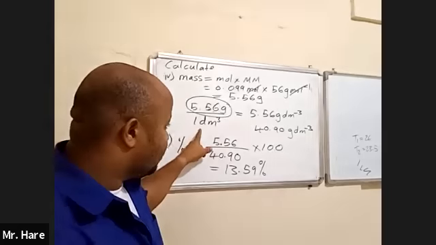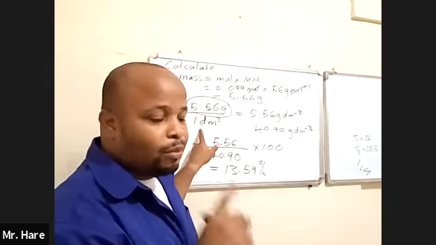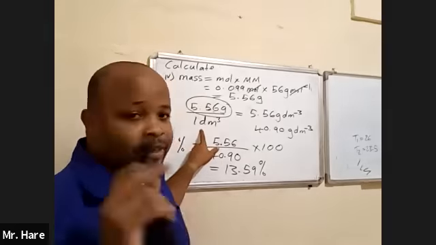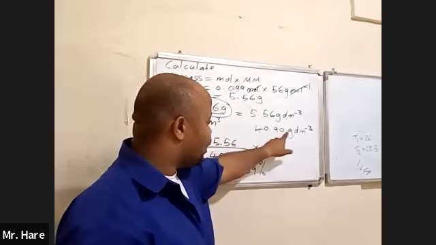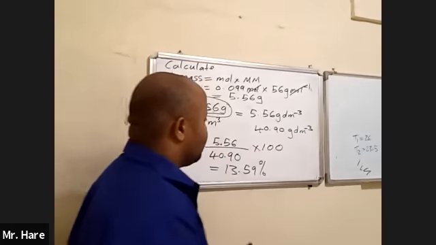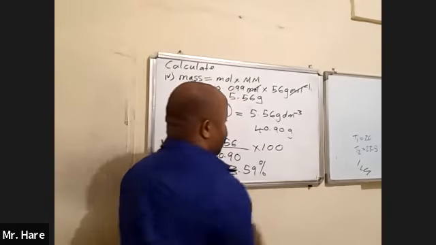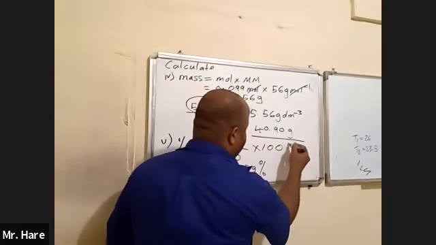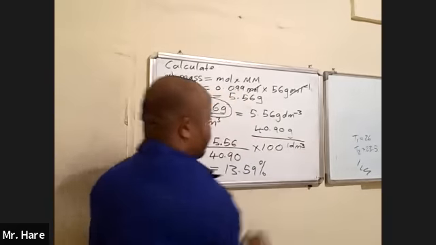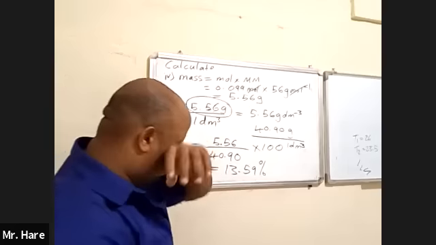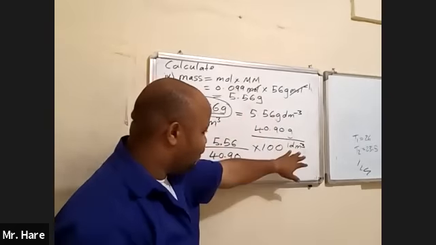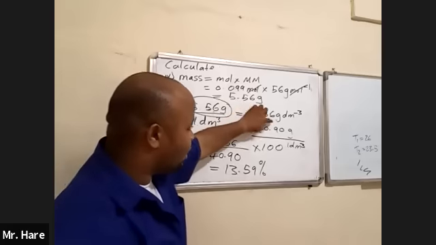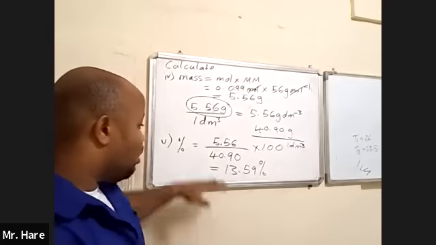So we know that. When they tell you that the mass concentration of solution M is 40.9 grams per dm cube, they are telling you that in one dm cube, you have 40.9 grams of M. So we have just separated the mass from the volume.